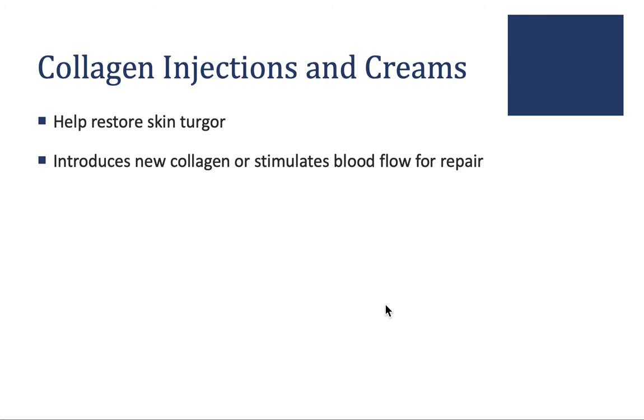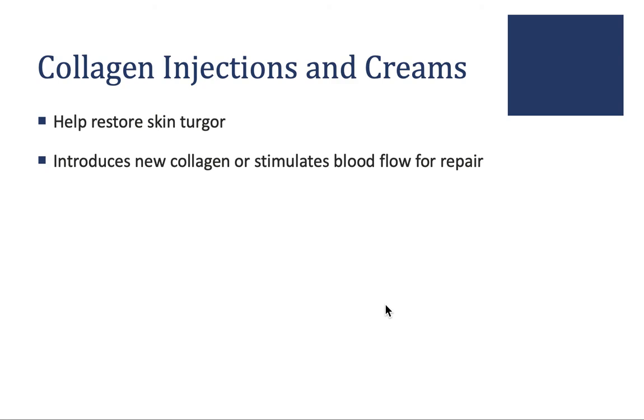Speaking of collagen, you may have heard of collagen injections or creams. These are a little debatable how well they work, but the science behind them is that they're designed to help restore skin turgor. So turgor means like tightness because it's hydrated and kind of plump. So like a nice beautiful grape as opposed to a raisin, right?